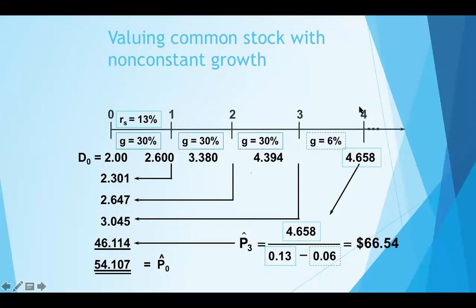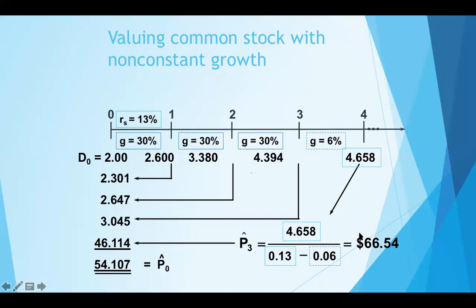So if you know D4, the following year's dividend, we can calculate P3, this year's price, right? So starting from P3 to forever with 6% growth rate and 13% expected return, we have $66.64 for this stock. But it is P3's value, not today's value.